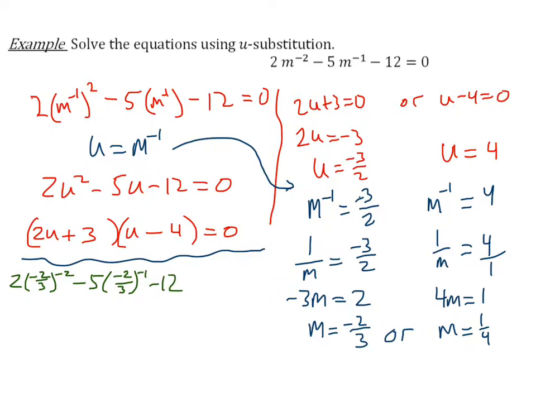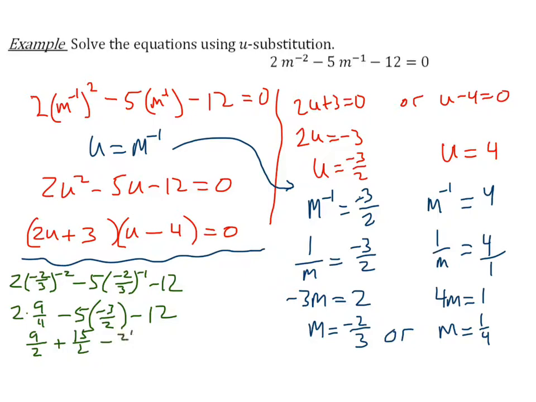Well, a negative power is going to flip the fraction and square it here, so we're going to have 2 times 9/4. Flip the fraction and no squaring here is going to be negative 3 halves minus 12. And so this guy is going to simplify to 9 halves. This one here is going to be a plus because the negative and the negative. And we'll have 15 halves there.